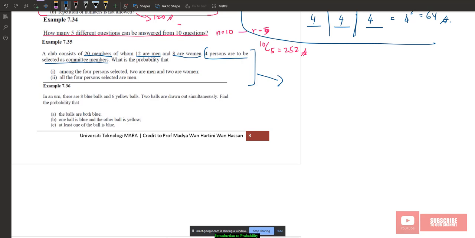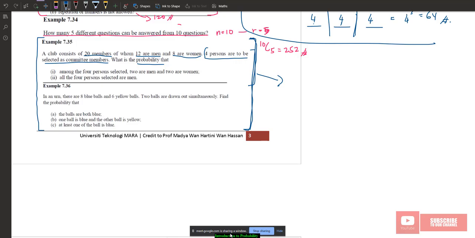But wait, this is a probability question, so we're going to hold these 2 questions for later, until we learn probability. We will learn probability in a short while, and then we will come back to this example, because this is an example for probability.